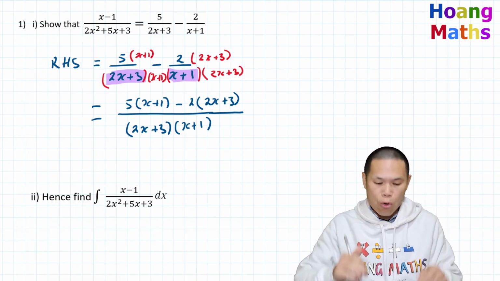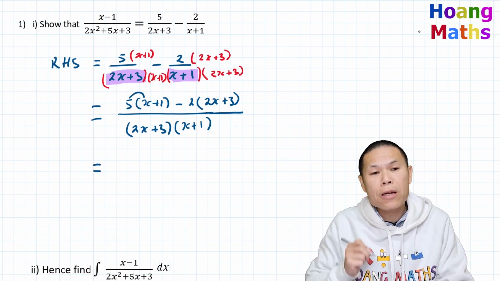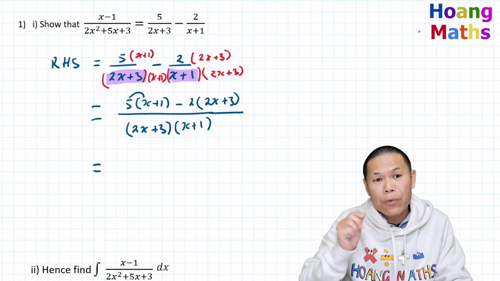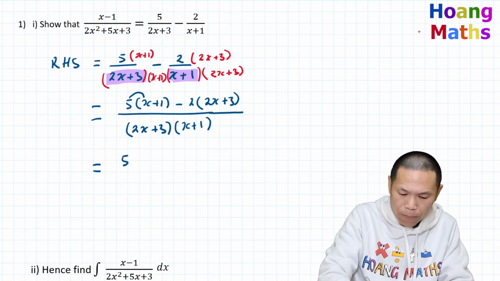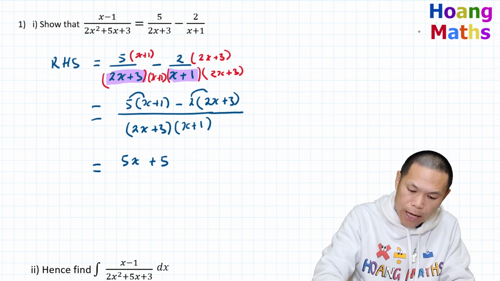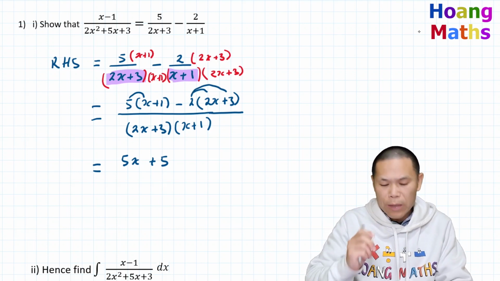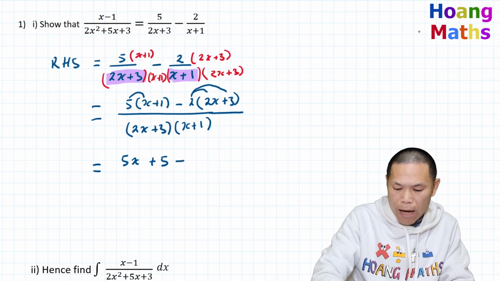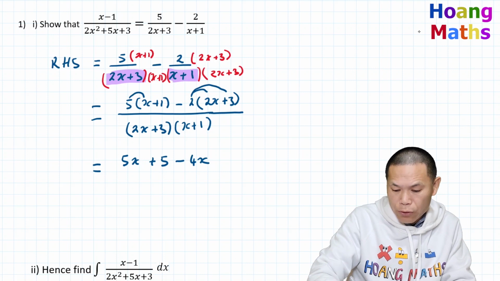Okay, so 5 times x gives 5x, and 5 times 1 gives 5, so 5x plus 5. And then we have negative 2 times 2x, which gives negative 4x, or minus 4x if you like, and negative 2 times 3 is negative 6, so minus 6.